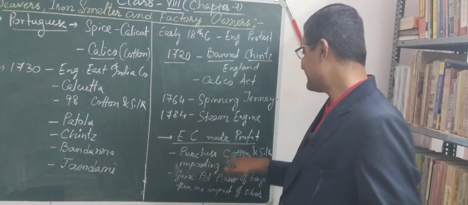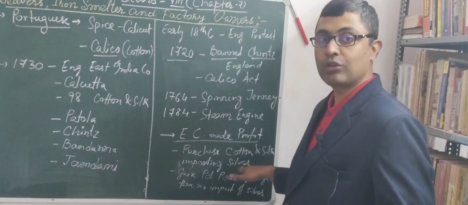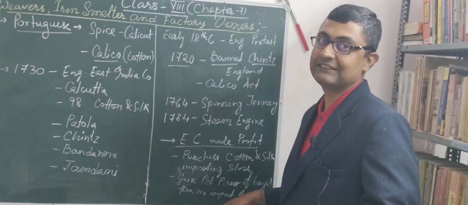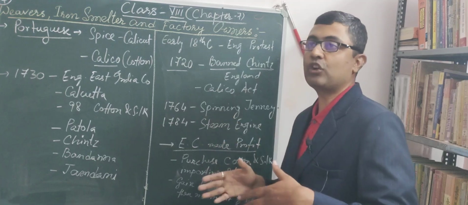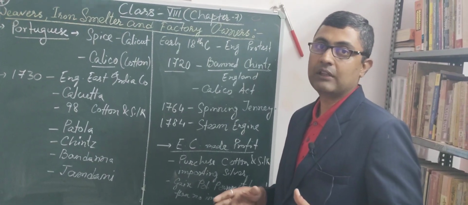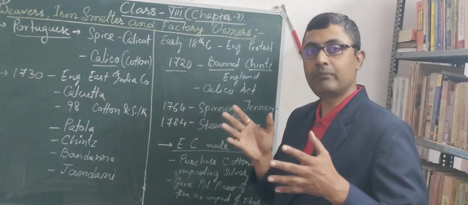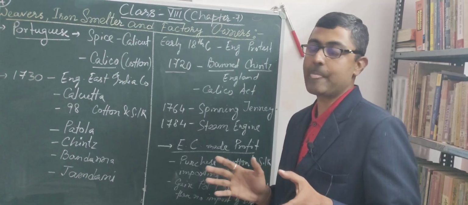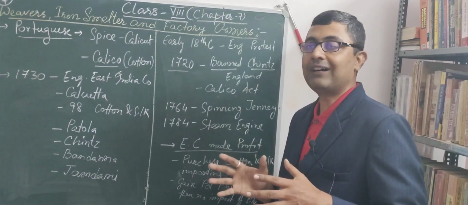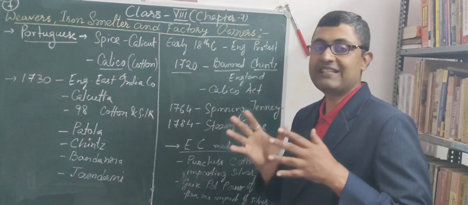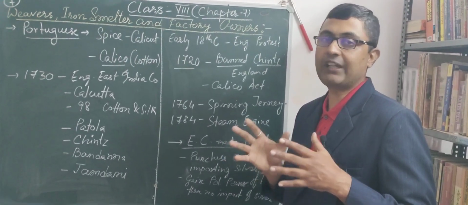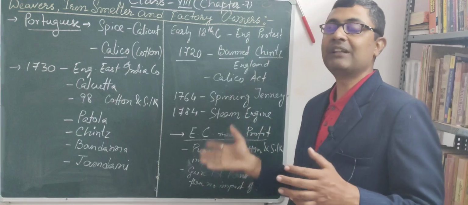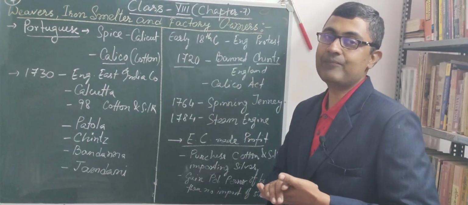Initially, they purchased the cotton and silk cloth by importing silver from England. But later, after they conquered Bengal, through the Battle of Plassey and the Battle of Buxar, in 1757 and 1764, two subsequent wars, the East India Company got political control of Bengal, and that is when they stopped importing silver.